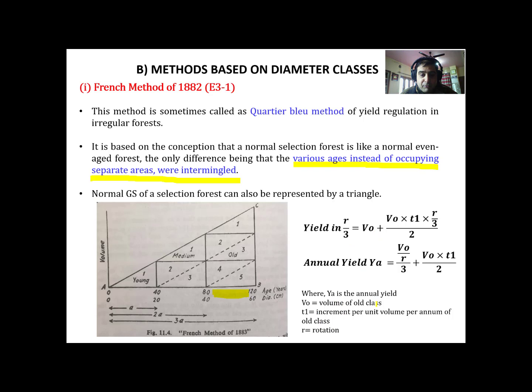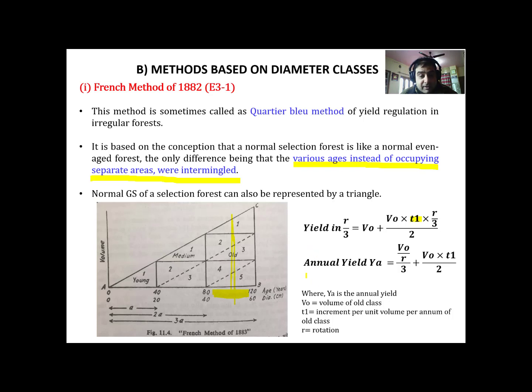where V naught is the volume of the old class, plus V naught into T1, where T1 is the increment per unit volume per annum in the old class, into R by 3 upon 2. So this is the total yield over the rotation.